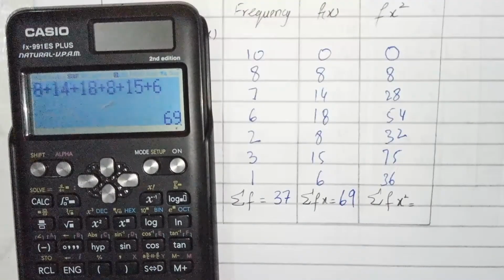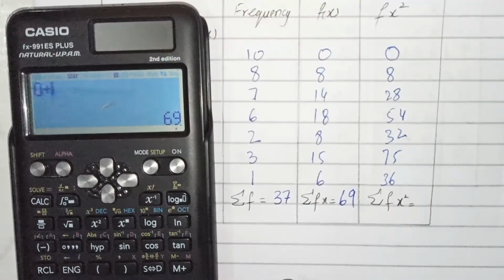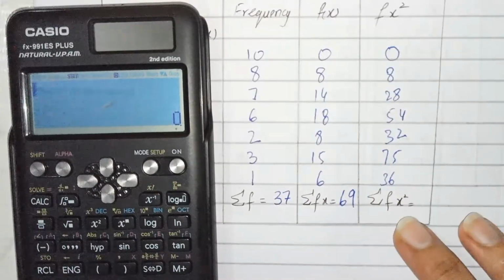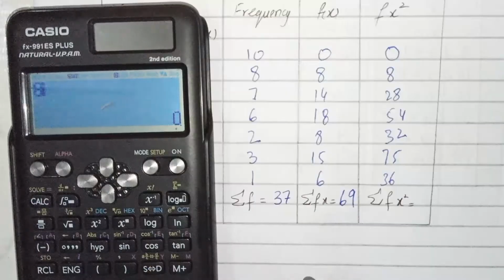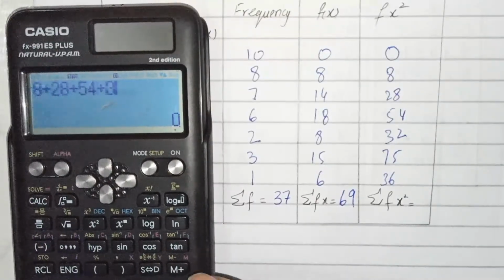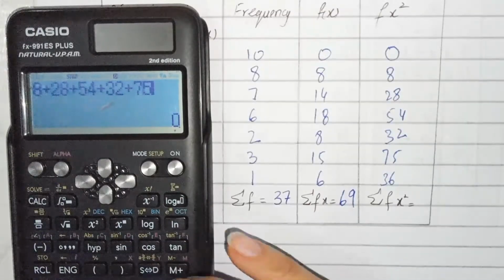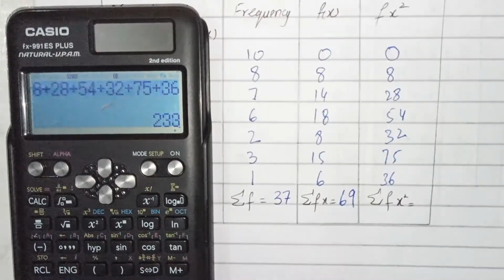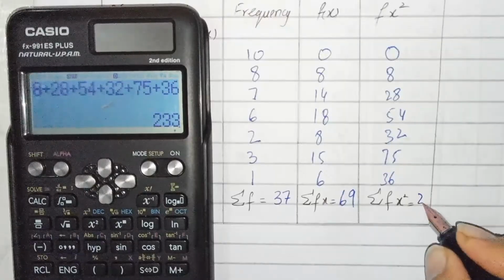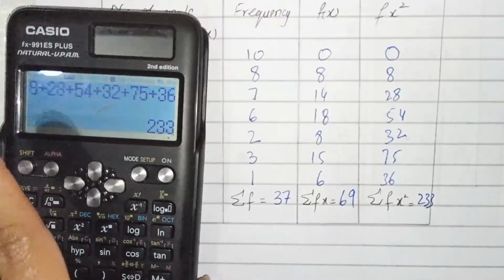Now we add these values, 8 plus 28 plus 54 plus 32 plus 75 plus 36, and we get the value 233.